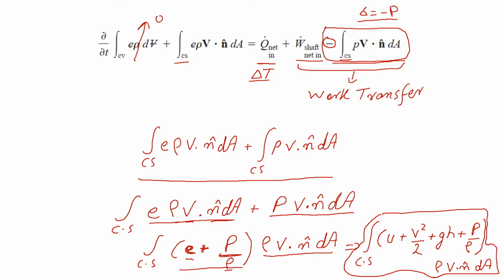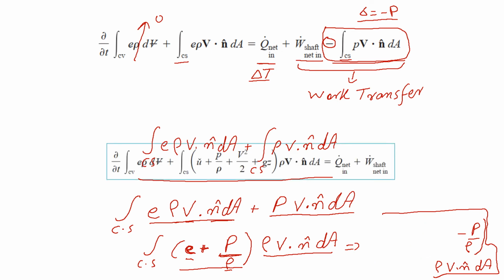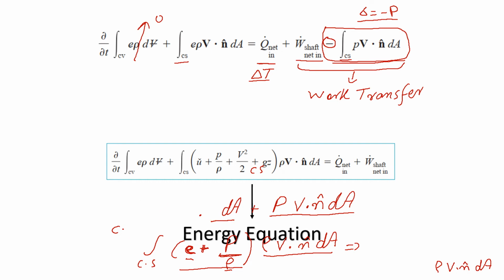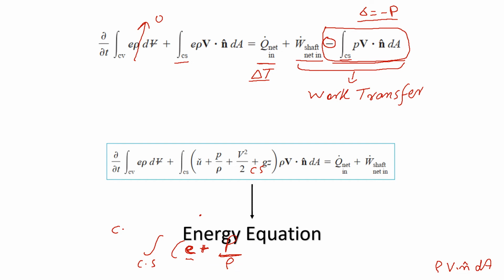So just to clarify how we end up with this equation: at the end this is our energy equation that we get by using the first law of thermodynamics and by using our extensive property as energy in the Reynolds transport theorem.